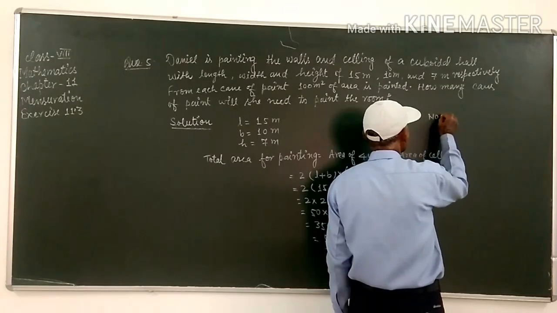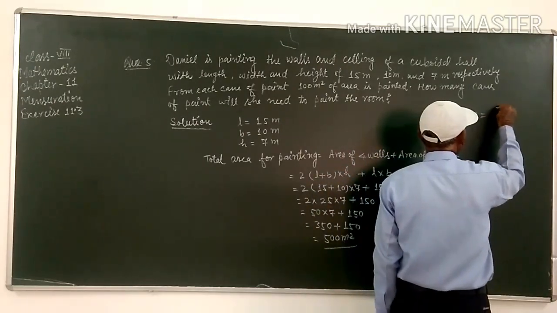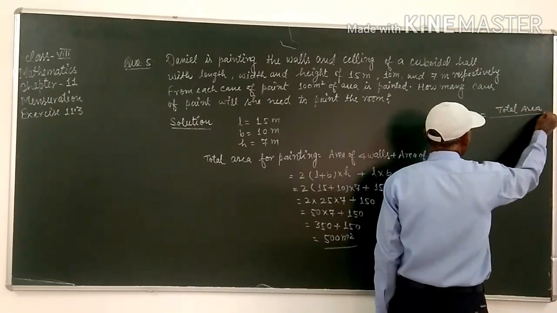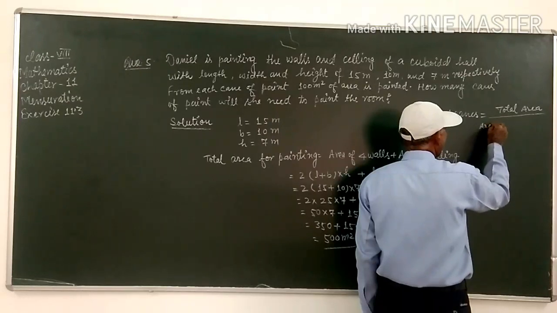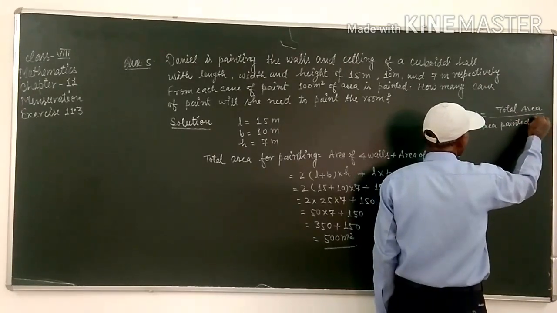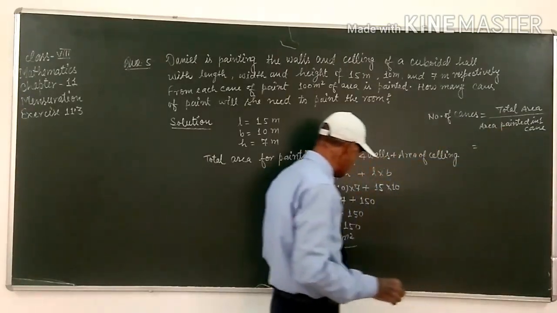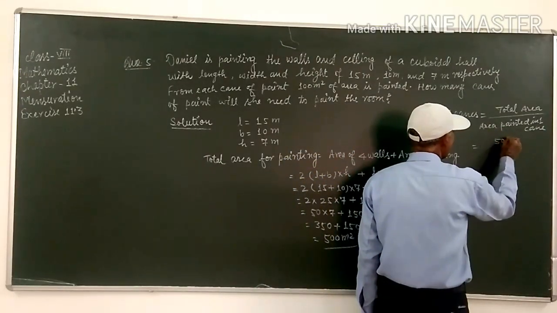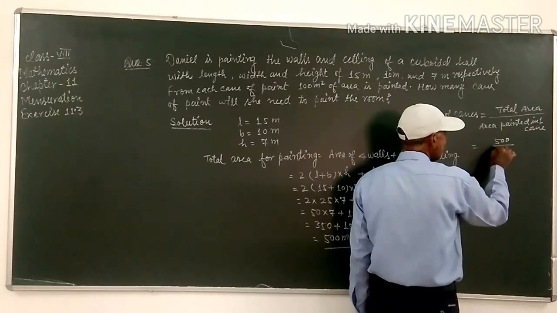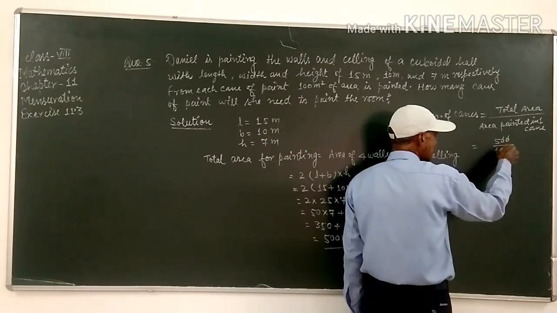Number of cans will be total area upon area painted in one can, and total area is 500 meter square, students, and area painted in one can is 100 meter square. 0 cancels by 0 and this one cancels.